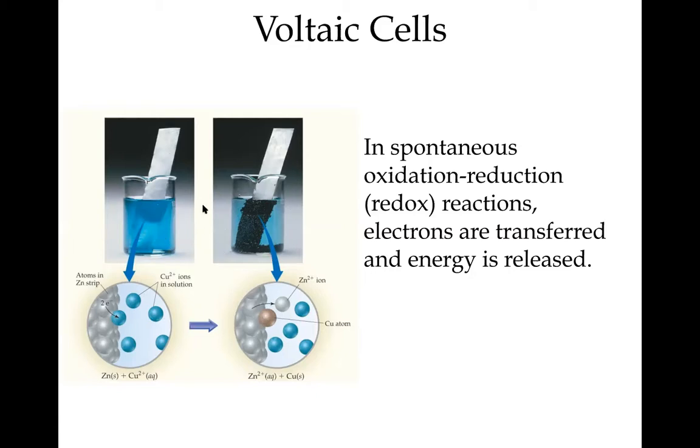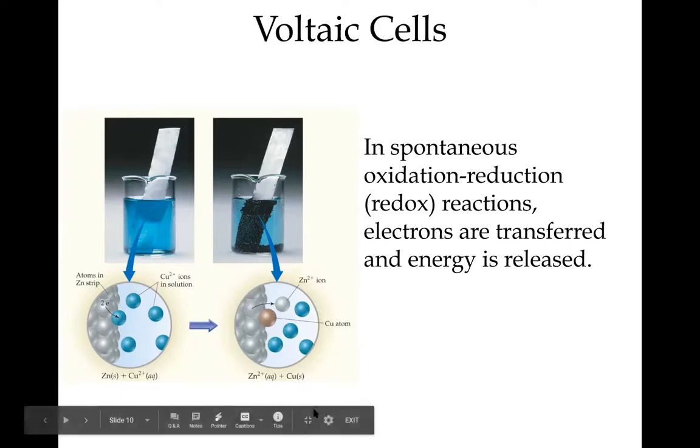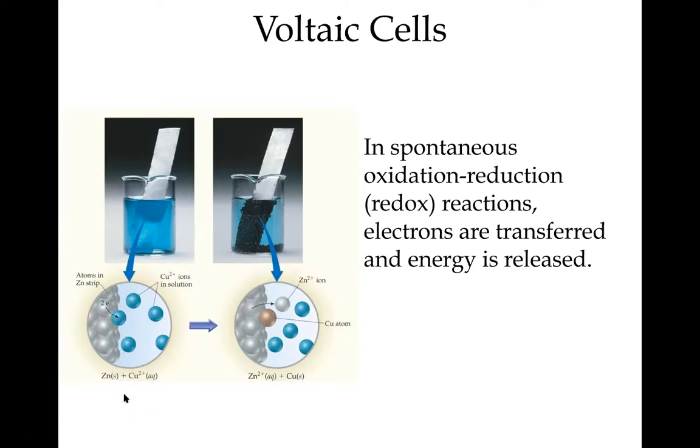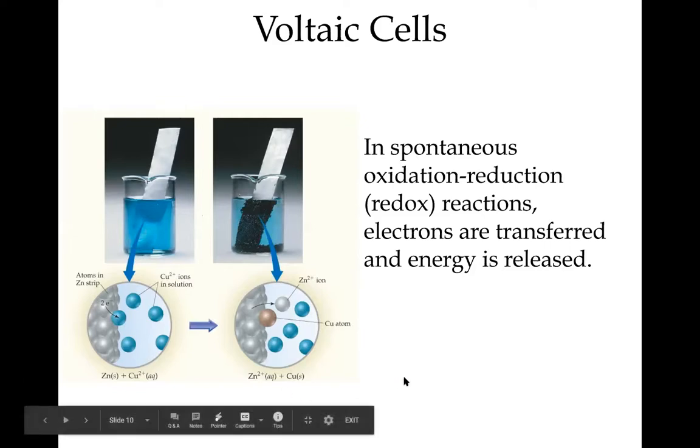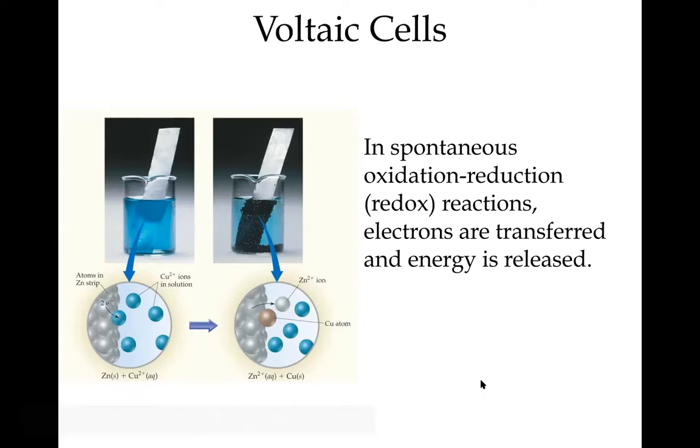So you can see this deposit of copper on that strip, which may look familiar to you based on the lab we did last quarter. Okay, so that's a simple voltaic cell, as simple as it gets.